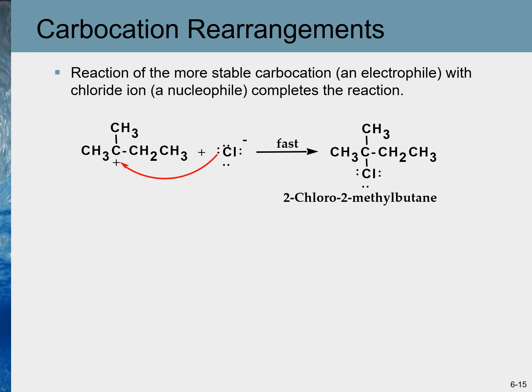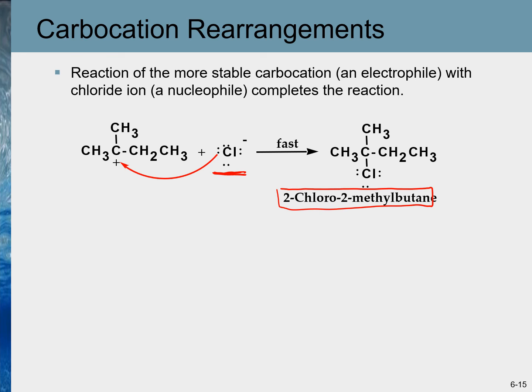So once the carbocation rearrangement generates the more stable intermediate, the final step takes place in which the nucleophile, chloride ion, attacks the carbocation, which is an electrophile, to give us the product.